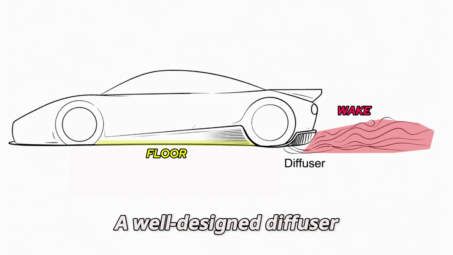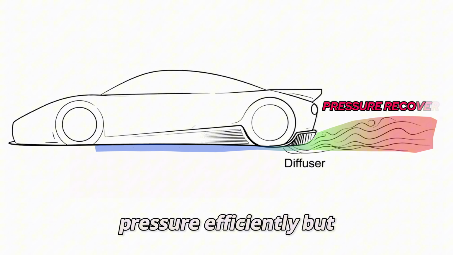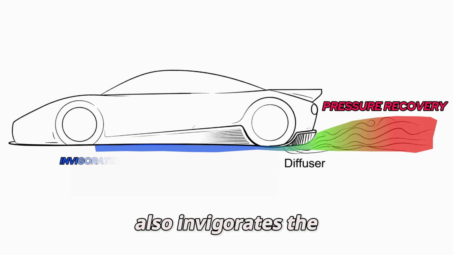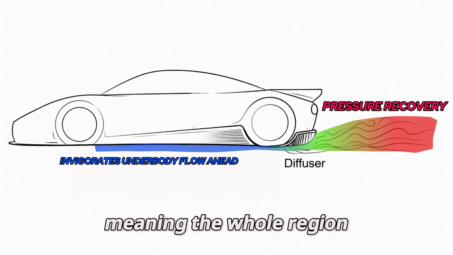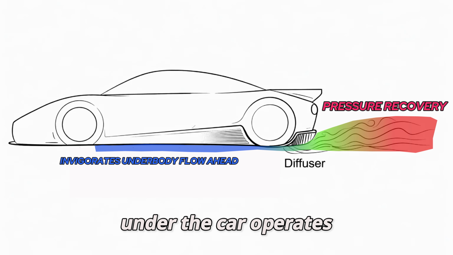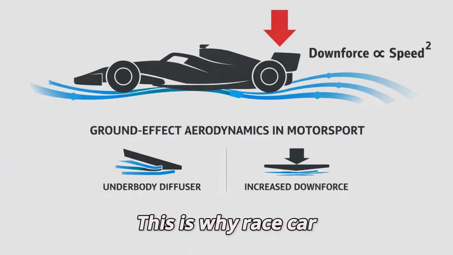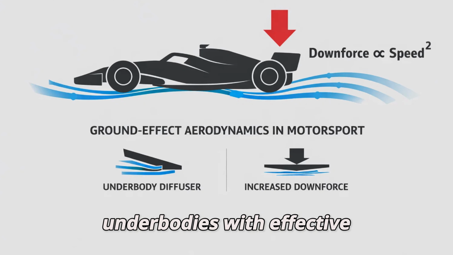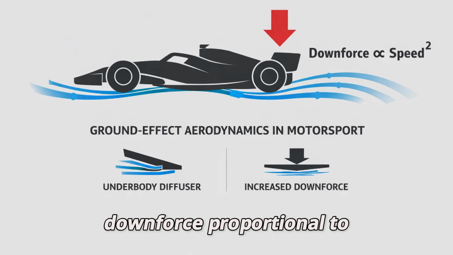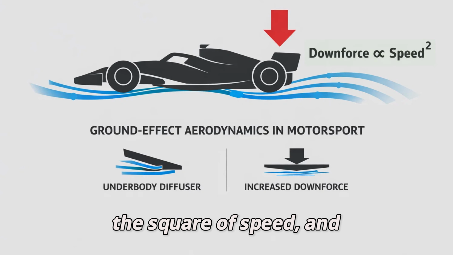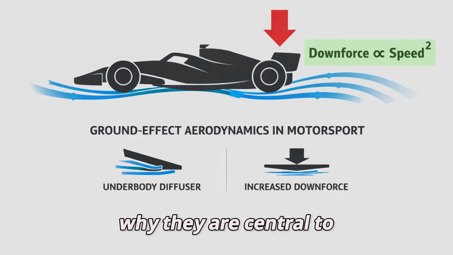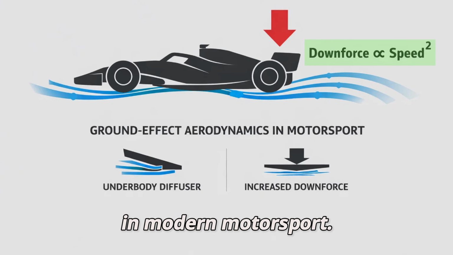A well-designed diffuser not only recovers pressure efficiently, but also invigorates the underbody flow ahead, meaning the whole region under the car operates at lower pressure. This is why race car underbodies with effective diffusers produce downforce proportional to the square of speed, and why they are central to ground effect aerodynamics in modern motorsport.